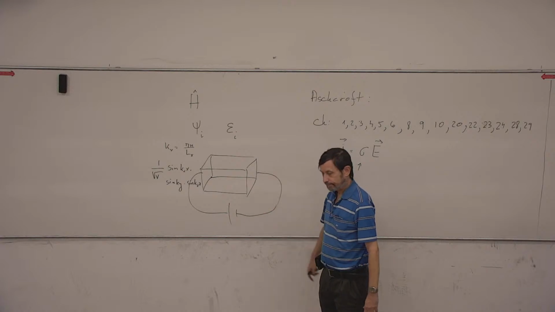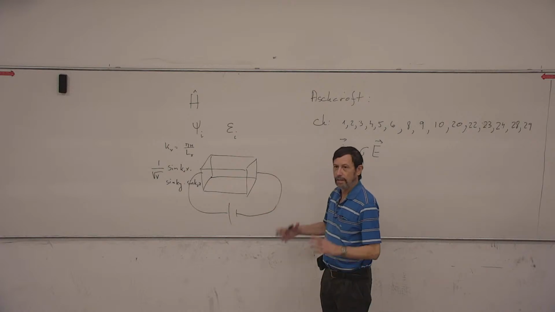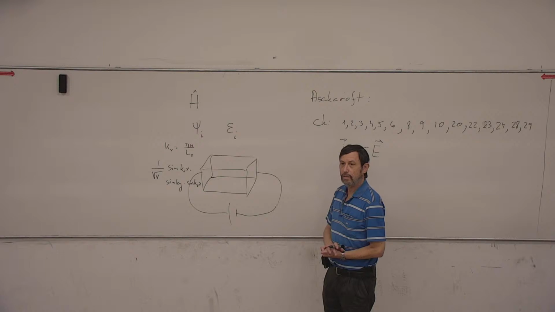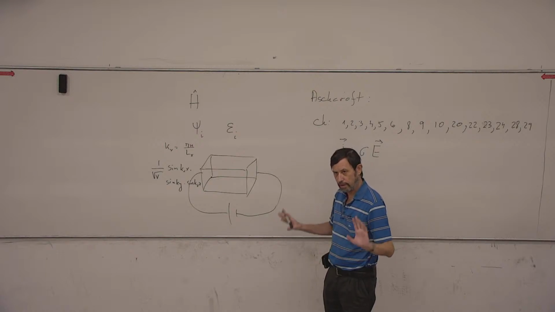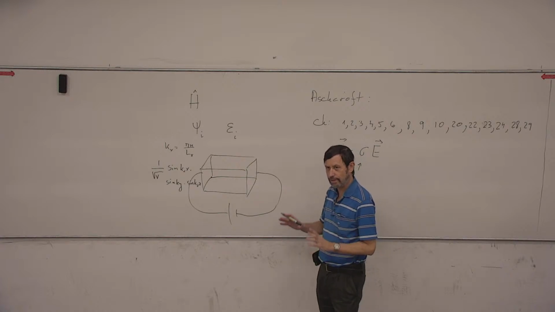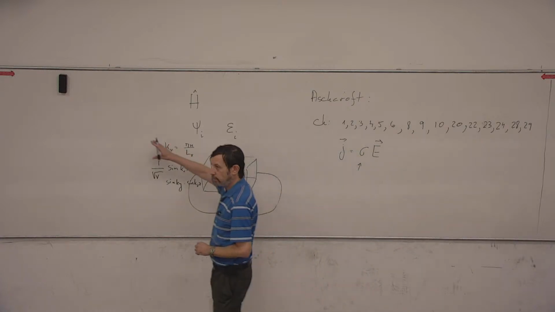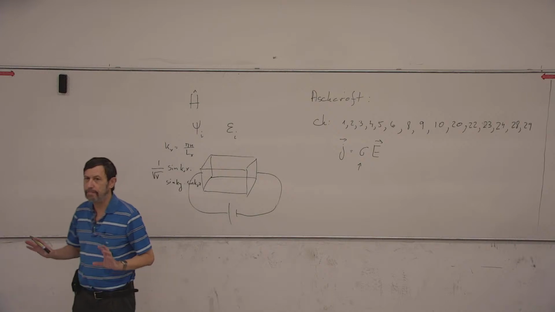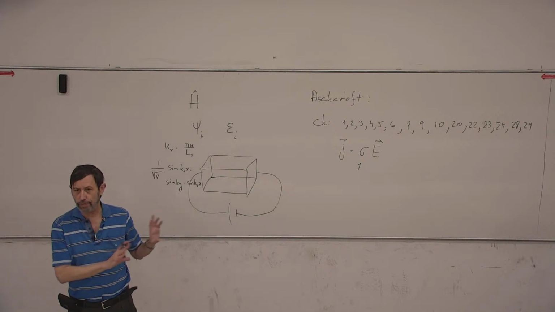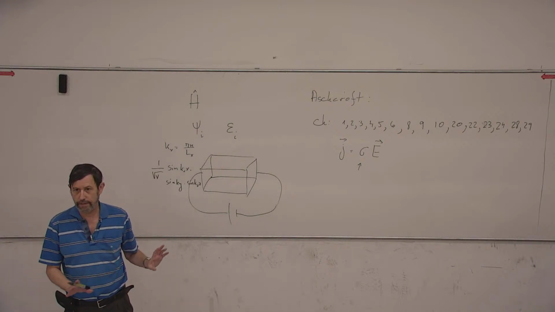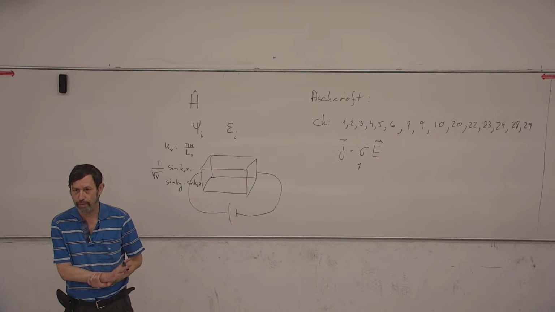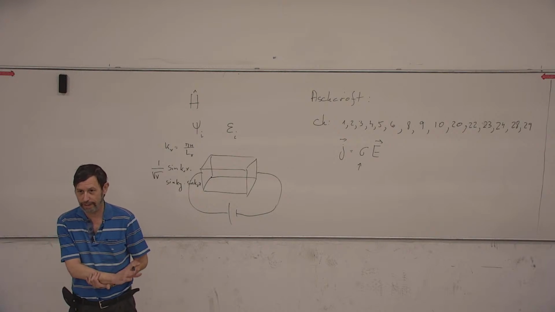Okay, that's one solution which has its problems. It's a solution and it's used. But what I want to say here is that simple, naive application of quantum mechanics doesn't solve the problem of calculating conductance.